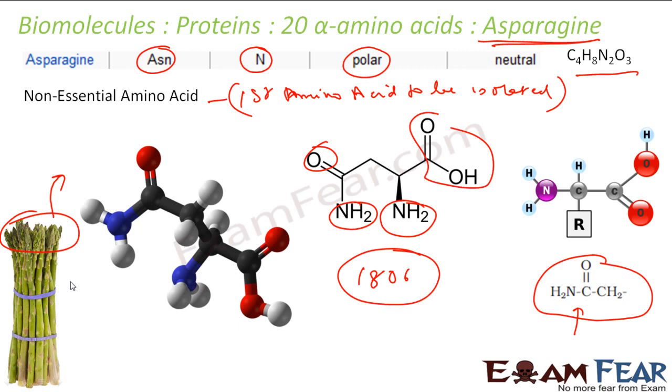And the source is dairy product, milk, egg, fish, seafood, asparagus, potato, nuts, and seeds. Please note this is a little important question. This is the first amino acid to be discovered, asparagine.